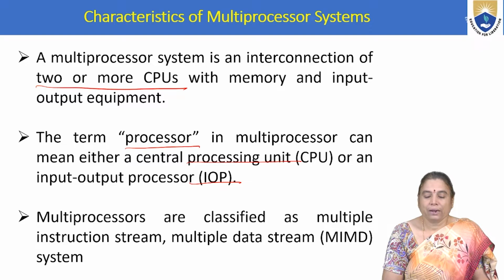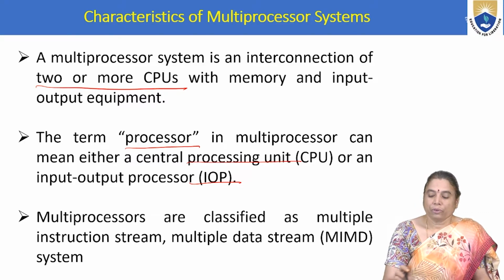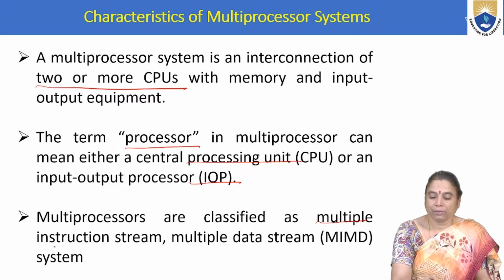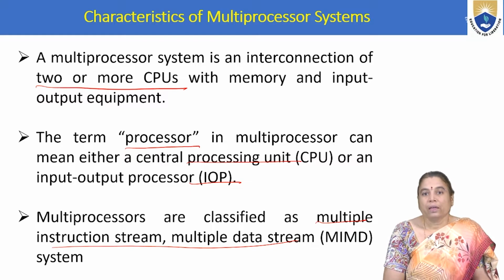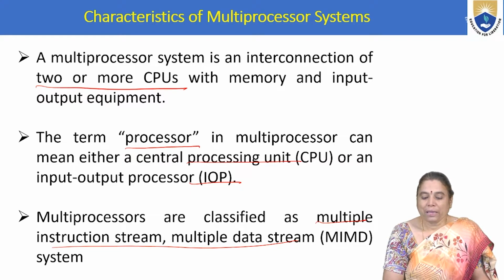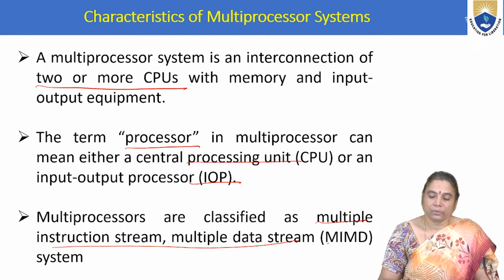Multiprocessors are classified as multiple instruction stream, multiple data stream computers. Flynn has classified the parallel processing systems, and in that category, the MIMD category of systems comes under the multiprocessor system, which has multiple instruction streams and multiple data streams.